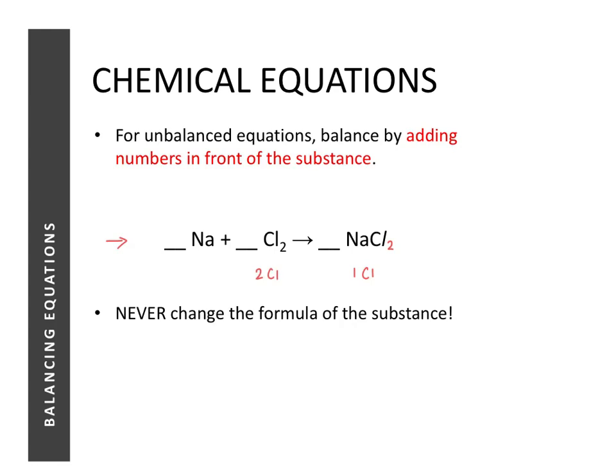Now you should never ever do that, because when you do that, you are changing the formula of the substance. It is no longer sodium chloride. In fact, a compound with this particular formula does not even exist. So a word of caution is that you should never ever change the formula of the substance. You can only balance it by adding numbers in front of the substance.